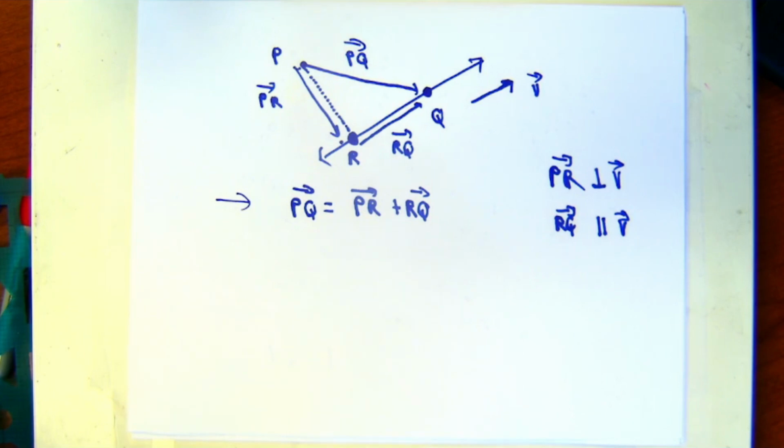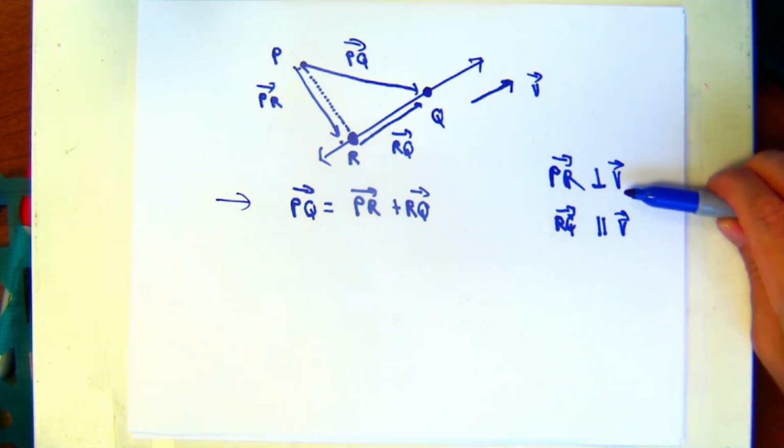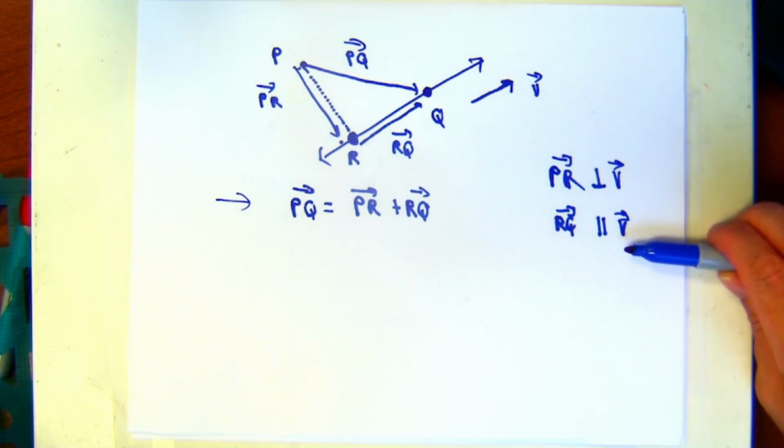I know that P to R is at right angles to the V vector, and R to Q is parallel to it, in the sense that it's a multiple of the V vector.